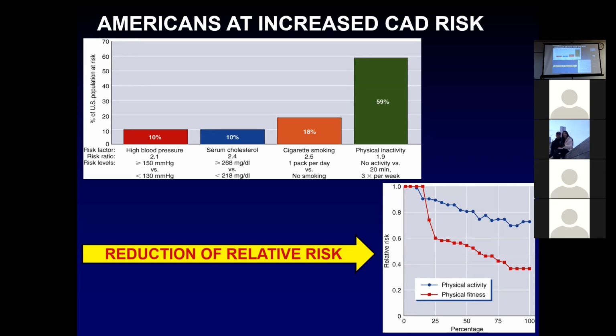So this is the big deal. If I can just be active, I can knock out this giant portion of the population that is at increased risk because of all of these kinds of things.